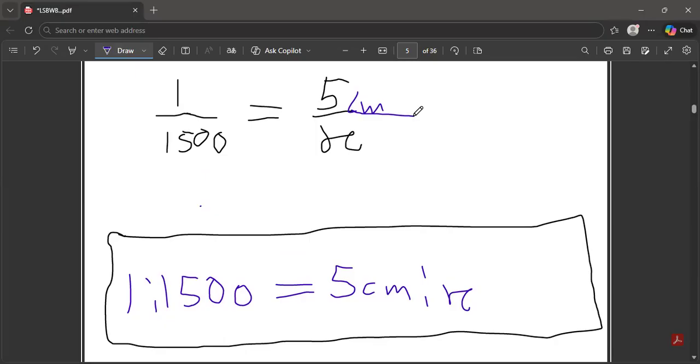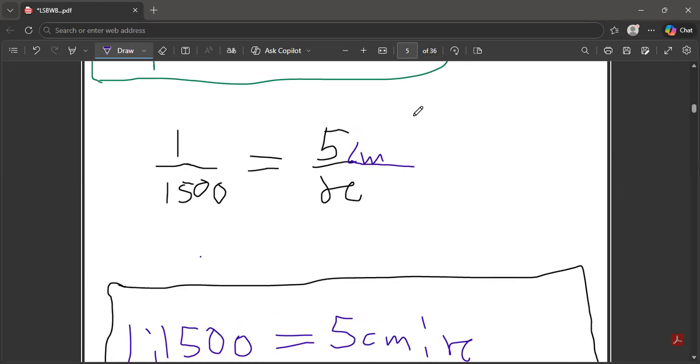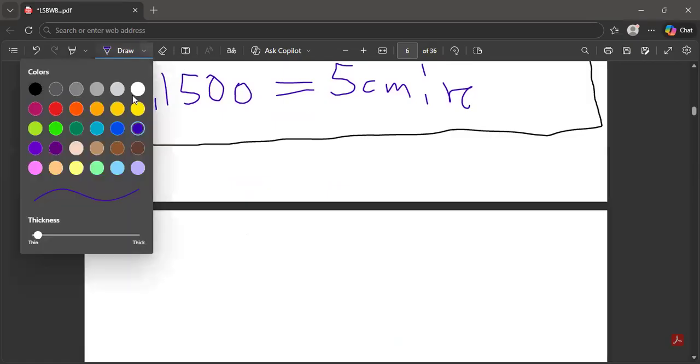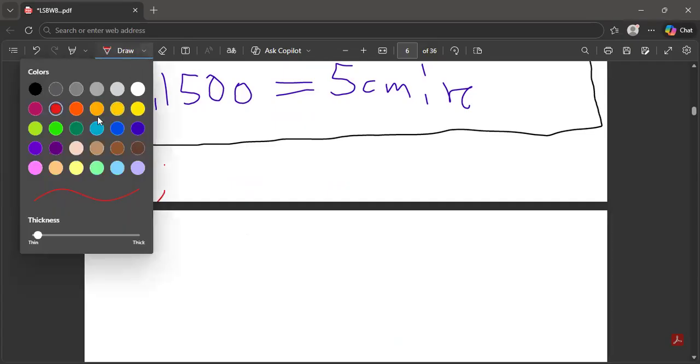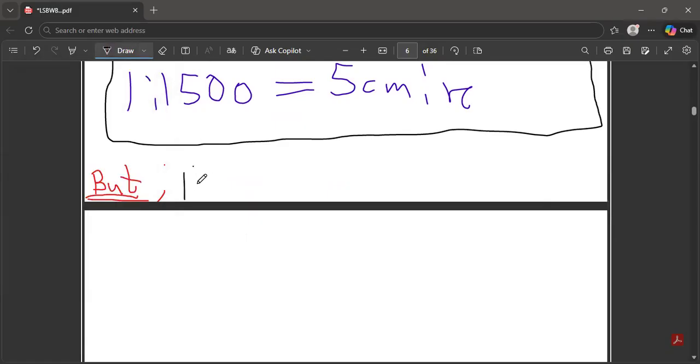So you have to convert the 5 centimeters into meters. Let's quickly do that together. 100 centimeters is equal to 1 meter.